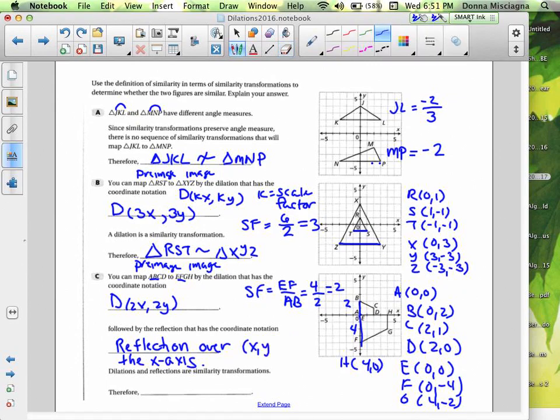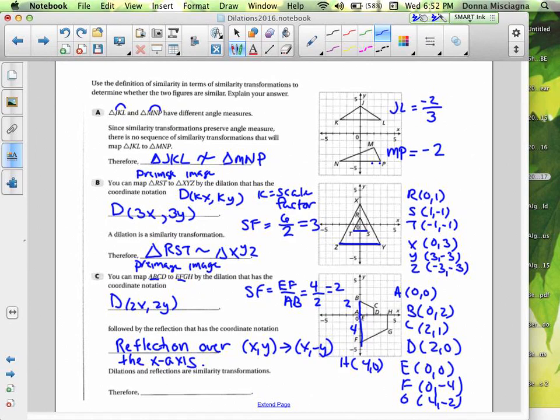xy goes to, and what happens when we reflect over the x-axis? x stays the same, y becomes the opposite. So here's how you can write it without even using the word reflection by showing what happens. You can write reflection over the x-axis, but in coordinate notation, that would be xy goes to x, negative y. Because the x is going to stay the same, but the y will be the opposite. Dilations and reflections are similarity transformations, right?